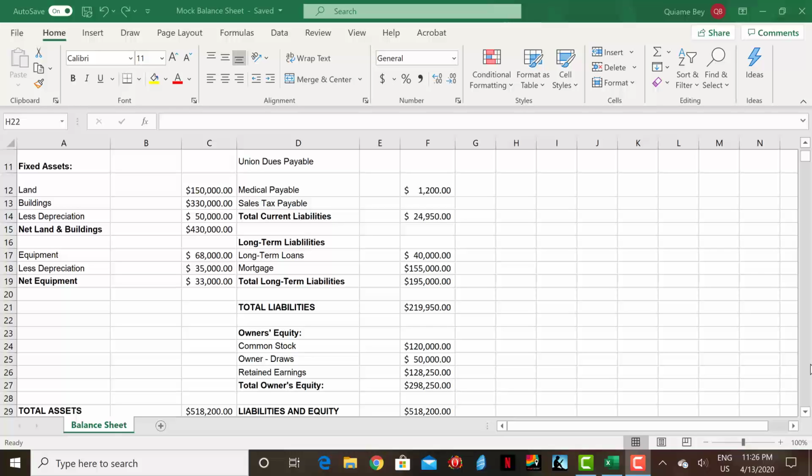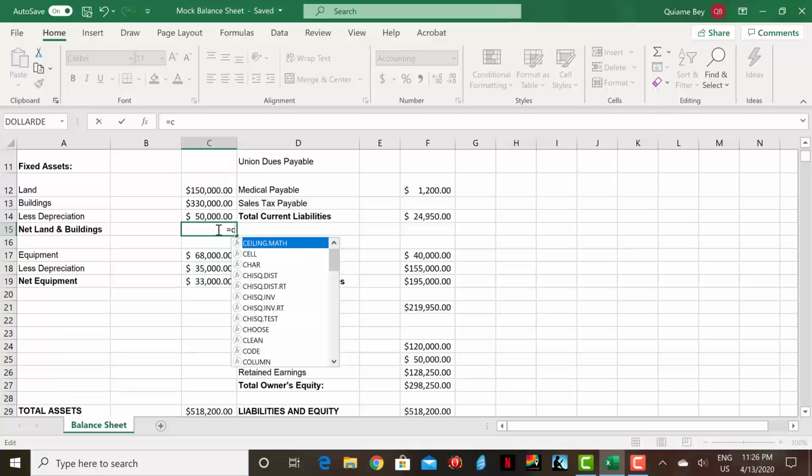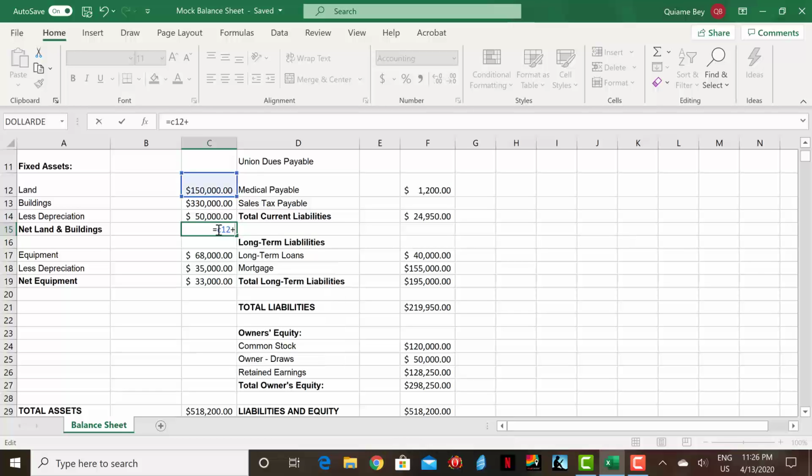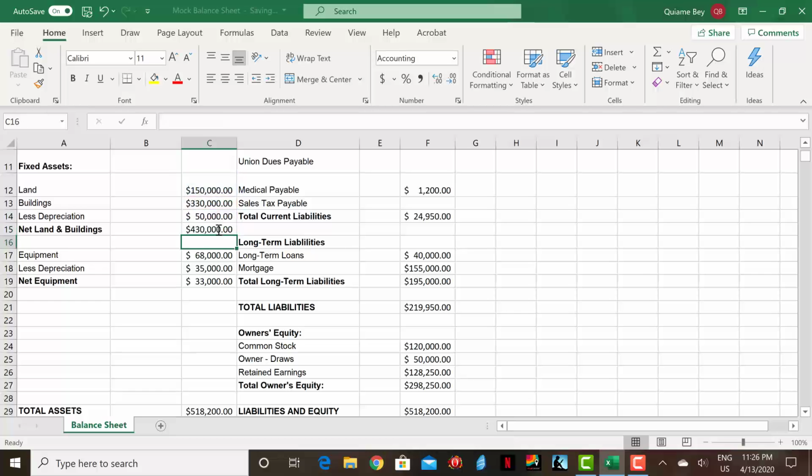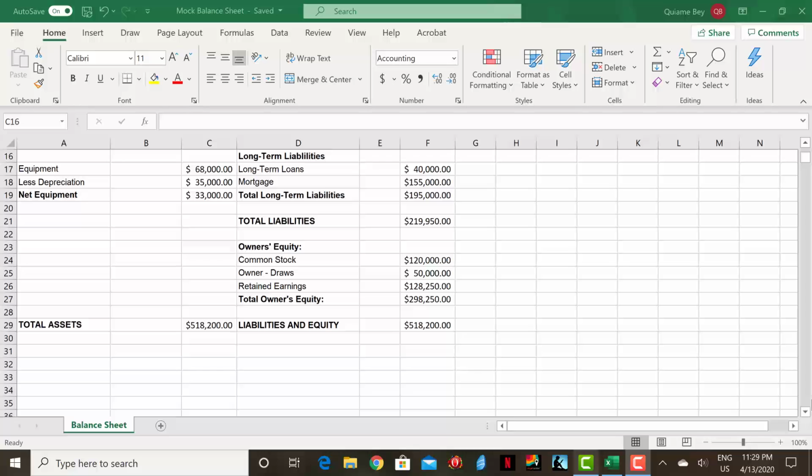Depreciation means to decrease. So once the formula is entered, we can press return or click on another cell and the value should read 430,000.